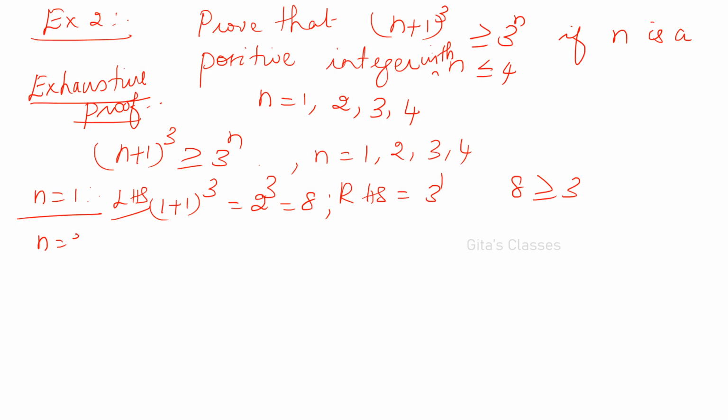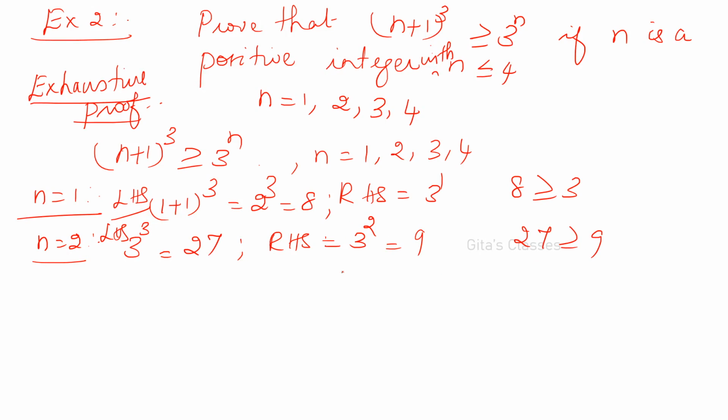When n is equal to 2, what will be the values? n is equal to 2 means n plus 1 is 3, 3 power 3, which is 27. This is our LHS. What is RHS? 3 power 2, that is 9. So 27 greater than or equal to 9. Okay.